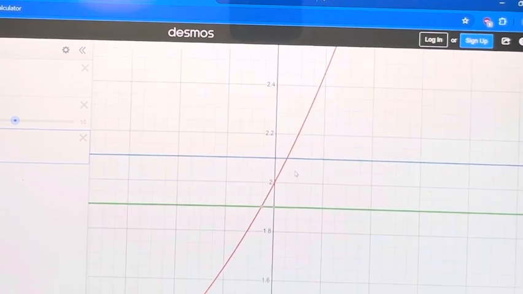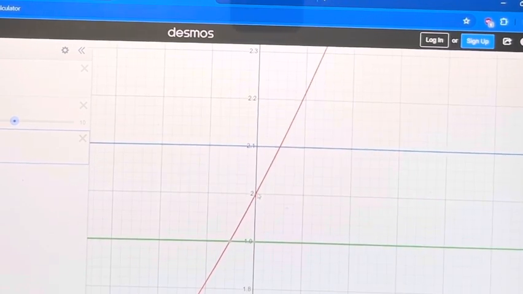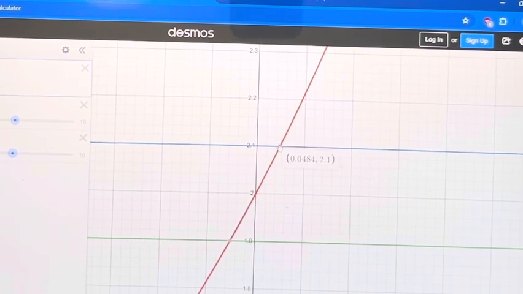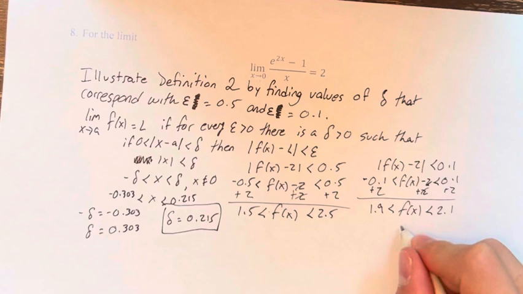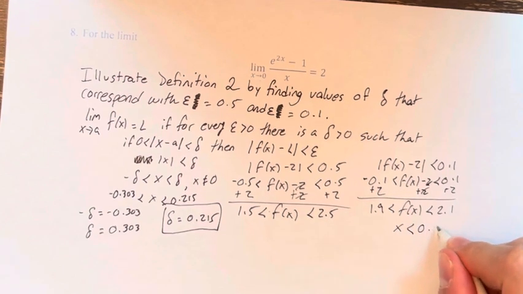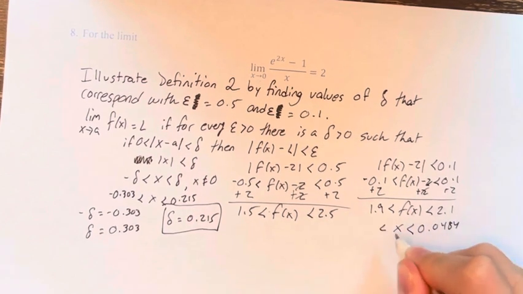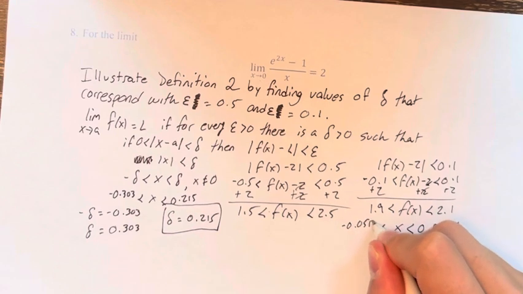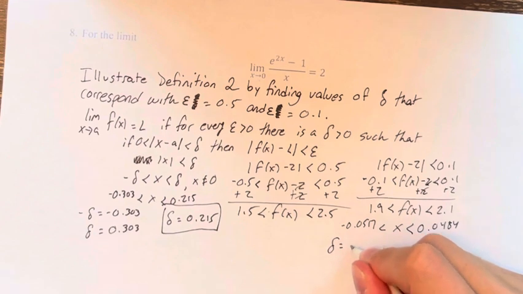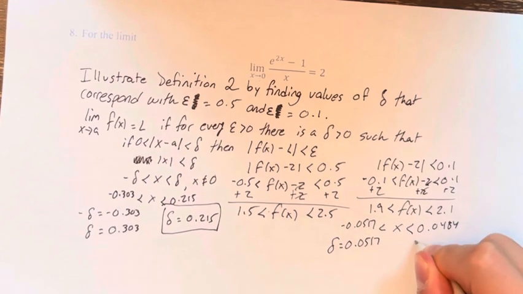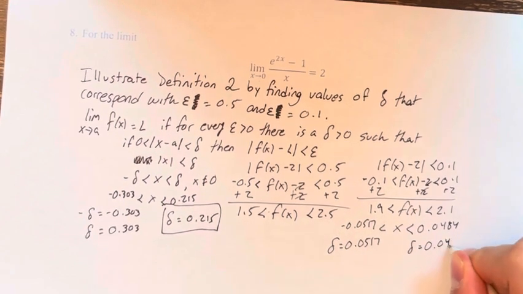So now what is the distance that we have to go from this point until we leave the range? Here that's 0.0484, and here that's 0.0517. So for this, x has to be between negative 0.0517 and 0.0484. Is delta equal to 0.0517, or is delta equal to 0.0484?